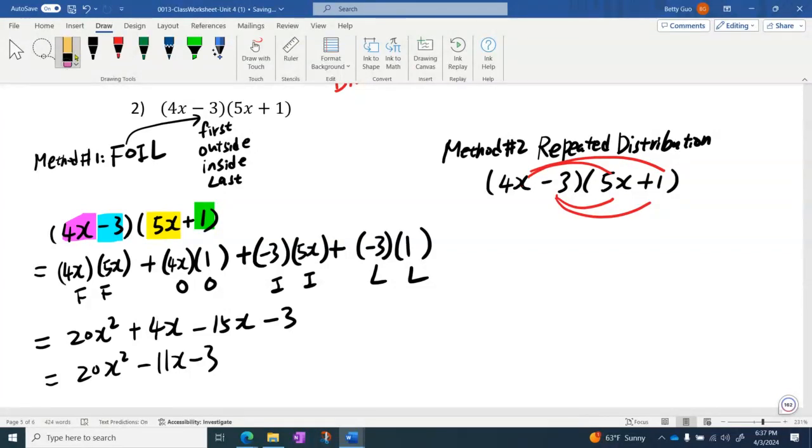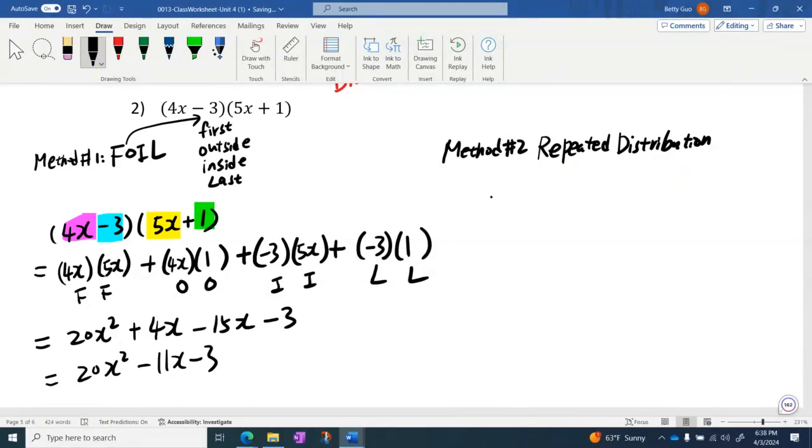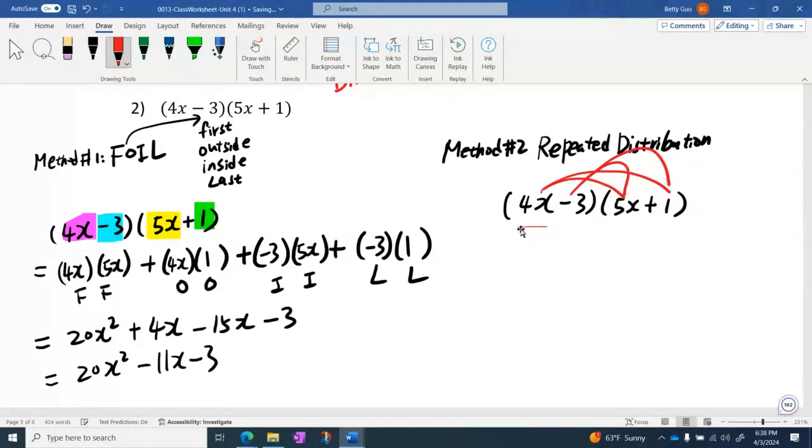Let me rewrite this, keeping some space above it: 4x minus 3 times 5x plus 1. We distribute the first term to the 2 terms in the second parenthesis first, 1, 2. Then we repeat the distribution with the second term in the first parenthesis, 1, 2. So we are going to have 4 terms in the expansion.